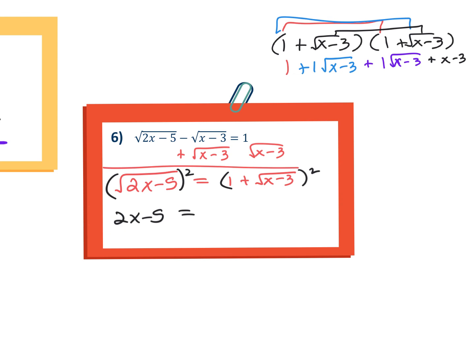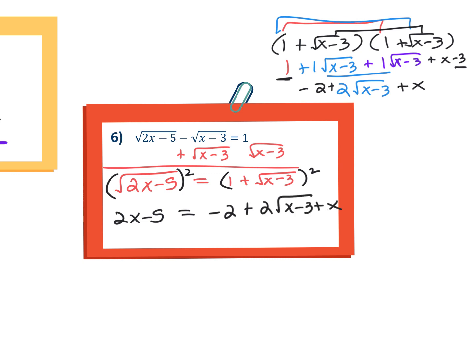I now need to combine my like terms. So the 2 middle ones will combine, and this will become 2 times the square root of x minus 3. And then I have a constant 1 and a -3 that I can combine. And that'll give me a -2. And then I also have just the single x here. Okay, so now that is what is left over here.